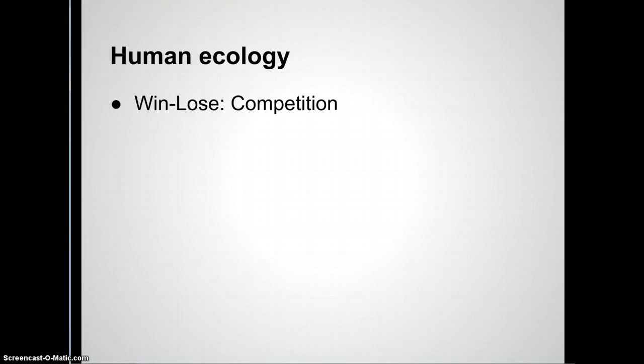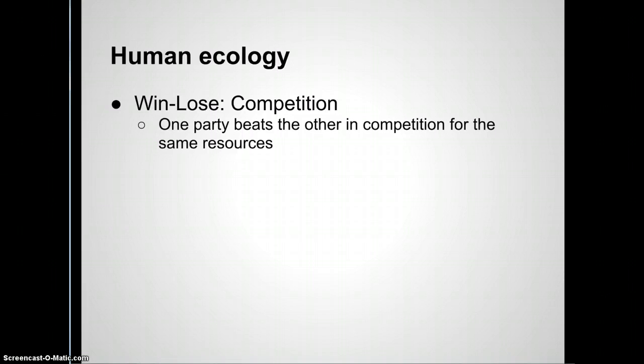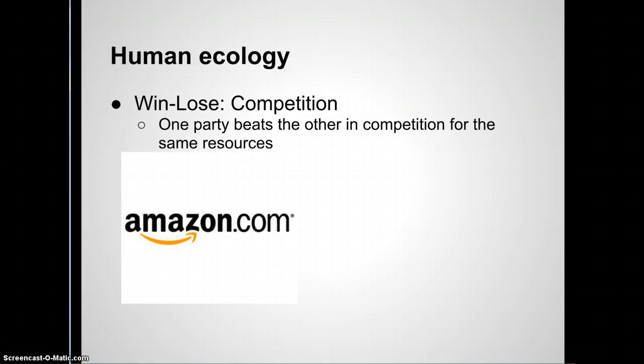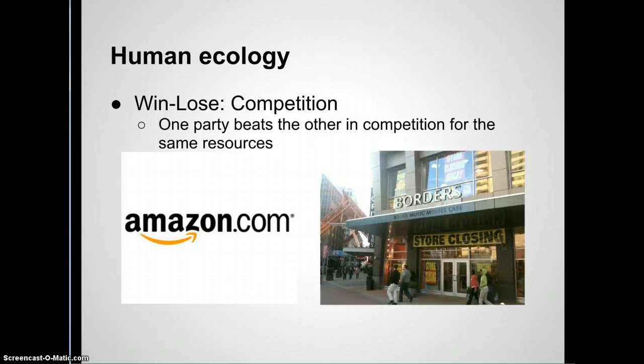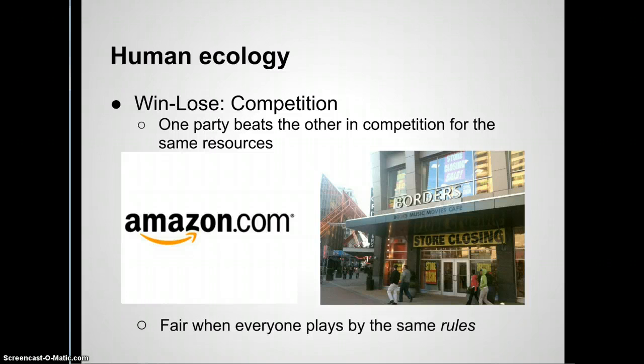Of course, win-lose relationships can also involve competition. One party beats the other in competition for the same resources. Amazon.com plows bookstores into the ground through their ability to offer cheaper merchandise. And this is fair when everyone plays by the same rules.